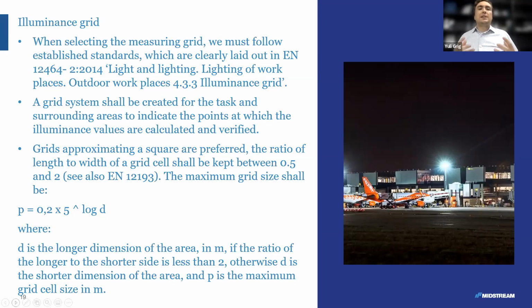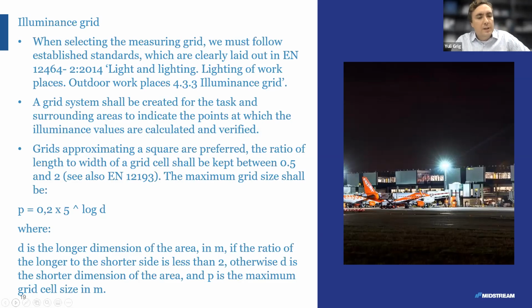Because remember, ultimately, what we are trying to do is to understand the state of the lighting, but also how does that correspond to the initial design that we have on file whenever we install our system, be it previously conventional lighting with metal halide or high pressure sodium, or whether it's with the new LED technology, or some airports have gone and tried other technologies like plasma and things like that.